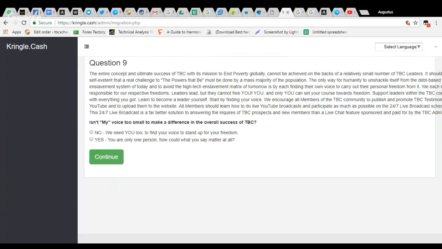So isn't greed a good motivator for those of us in TBC to build a life of true abundance? So if you read the article here, you can understand this question. So no, this answer is no. So we move on to question 9.